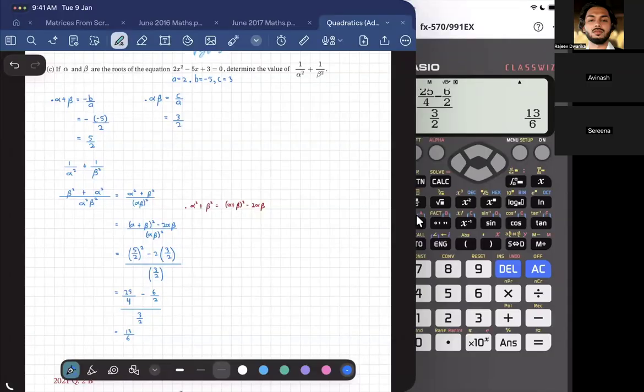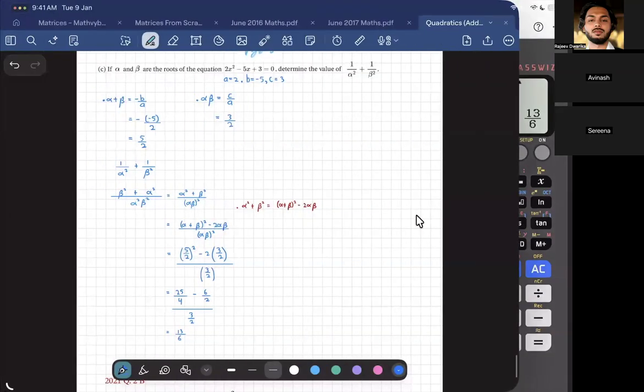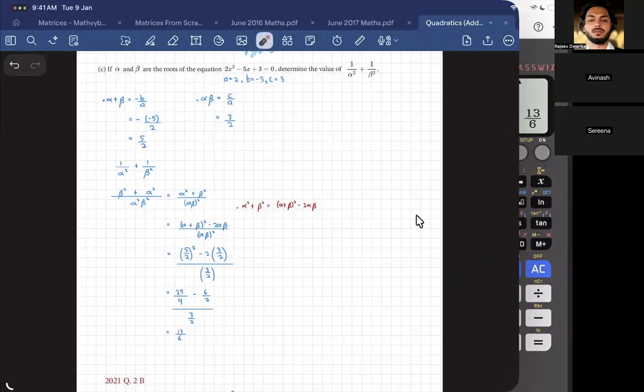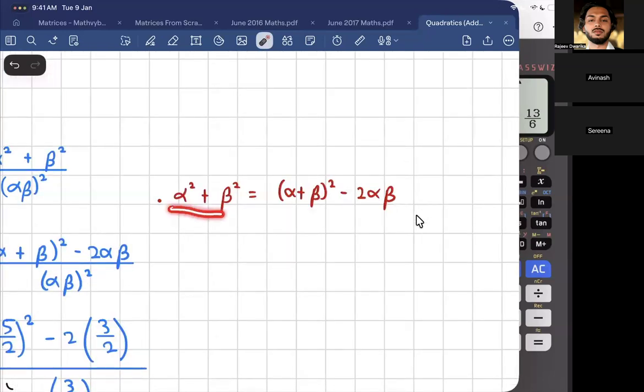Then you substitute. Then you find alpha plus beta squared. You only do that when you see questions with alpha squared and beta squared in them. But my point is, you need to know what alpha squared plus beta squared is. Alpha squared plus beta squared is equal to this entire thing.